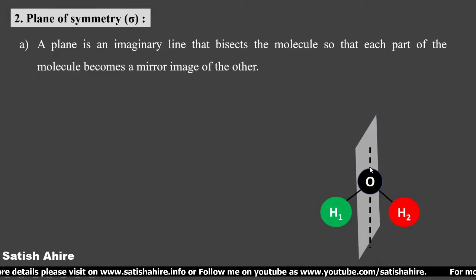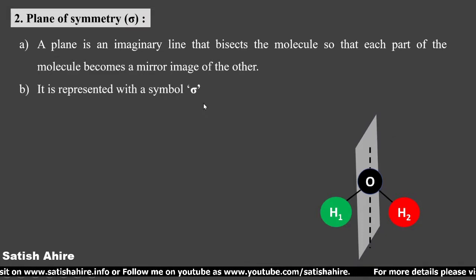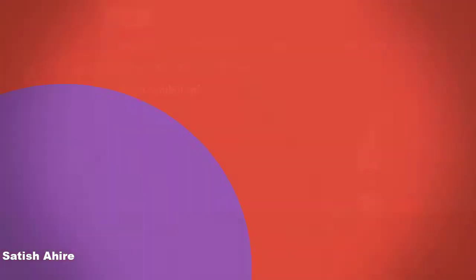It also indicates the presence of plane of symmetry. This plane of symmetry is represented with the symbol sigma. Therefore, we can write sigma for this diagram as a letter that indicates the presence of plane of symmetry.